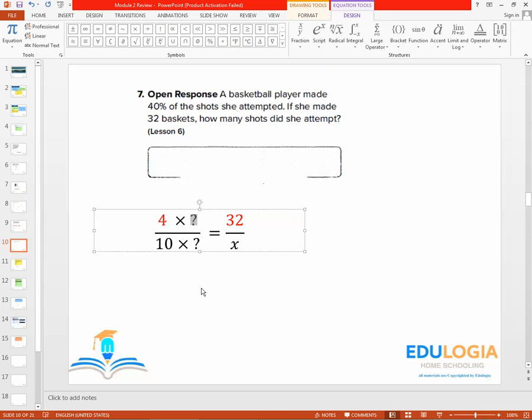Multiplication table. 4 by 4, 4 by 6, 4 by 5. You need my help?